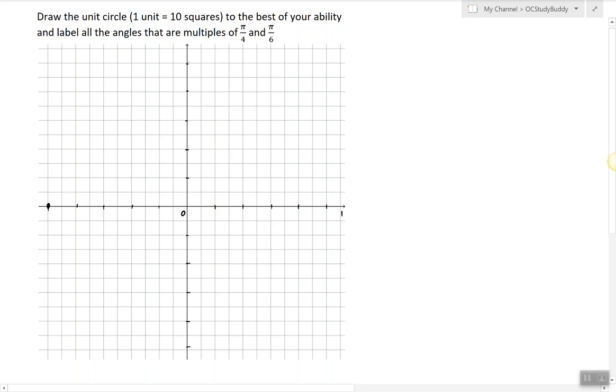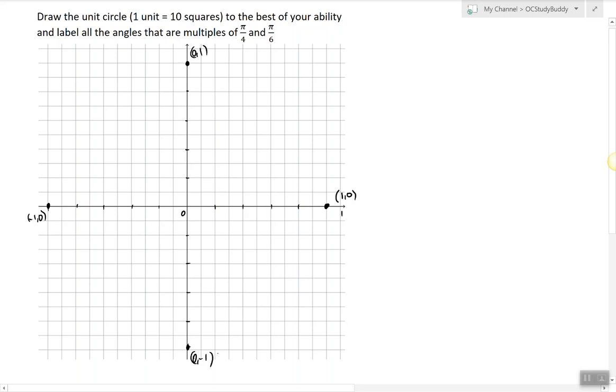And this will be the points on the unit circle with the following coordinates. So this is (1, 0), this is (0, 1), this is (-1, 0), and this is (0, -1).